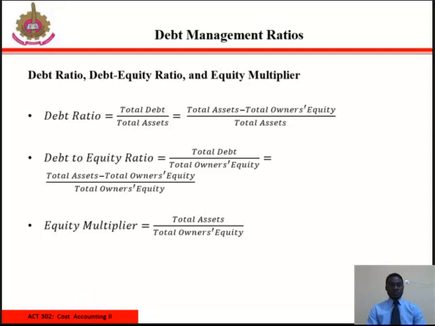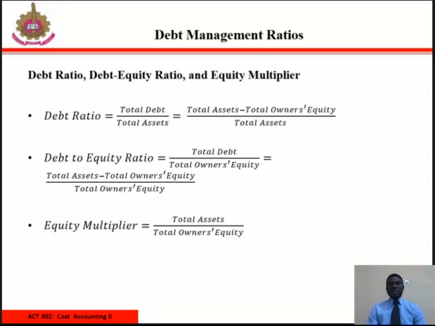The debt ratio, debt equity ratio, and equity multiplier are essentially three ways of looking at the same thing: the firm's use of debt to finance its assets. The debt ratio is calculated by dividing the total debts by total assets. The debt equity ratio is calculated by dividing the total debt by total owner's equity.